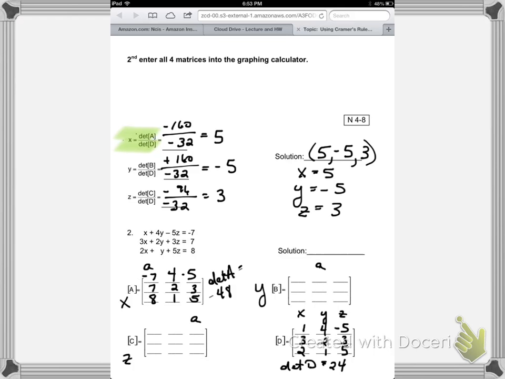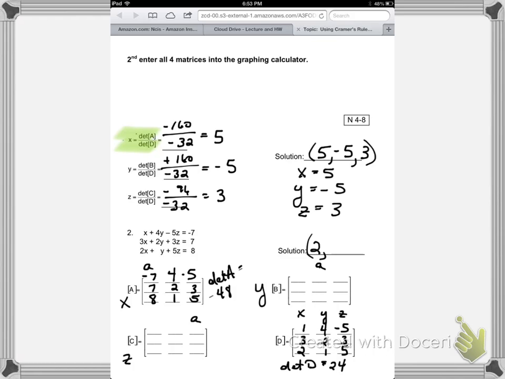X would be the determinant of A over the determinant of D, which is negative 48 over negative 24, or 2. So 2 is x.